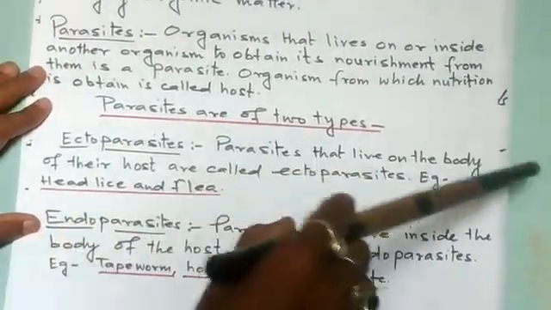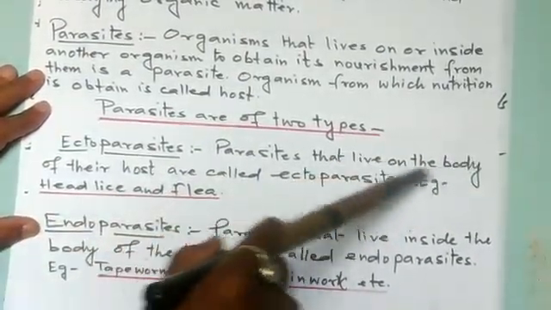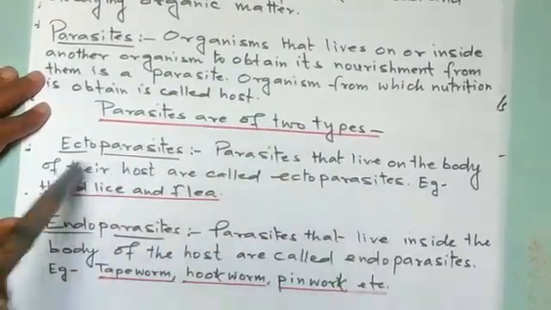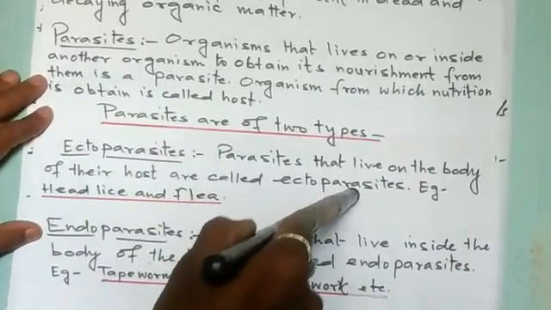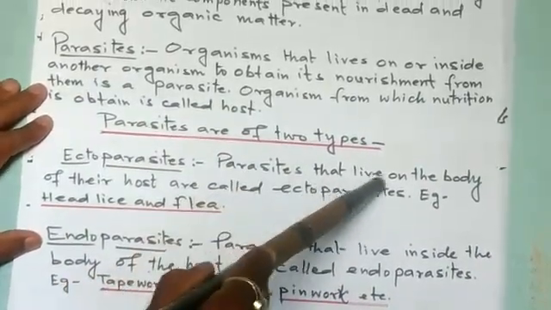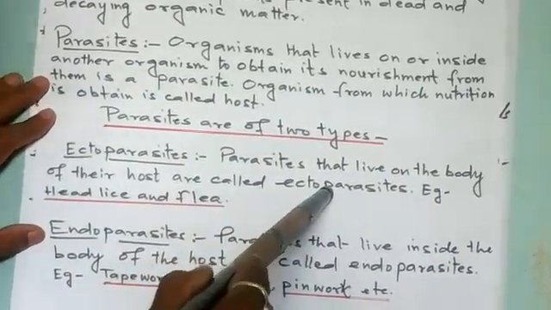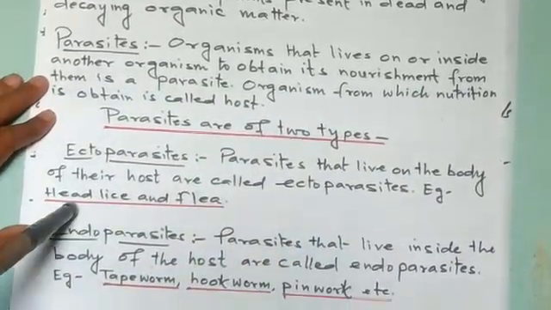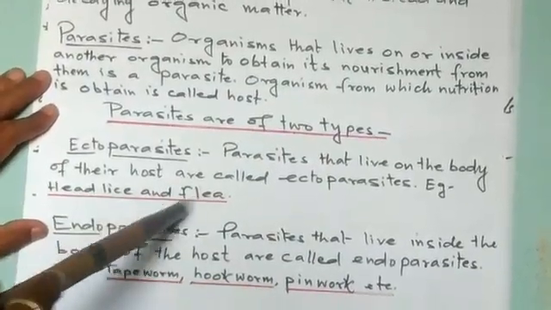Parasites that live on the body of their host are called ectoparasites. Examples: head lice and flea.